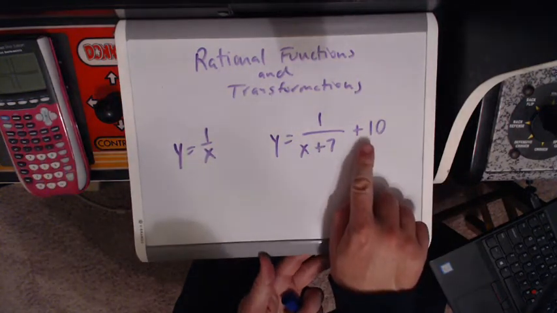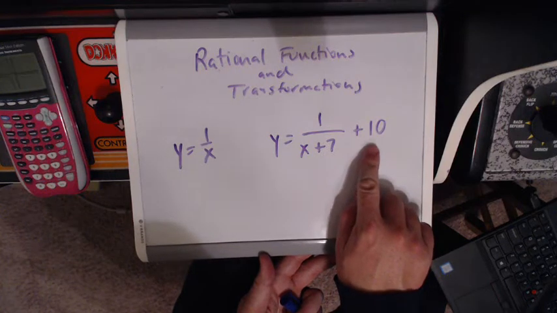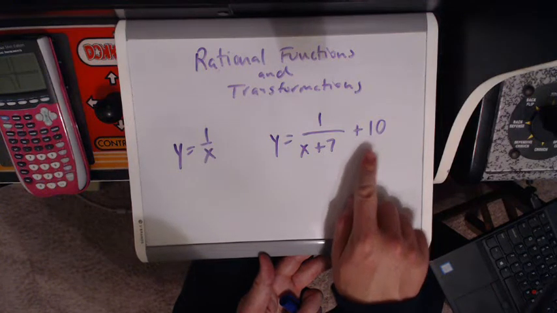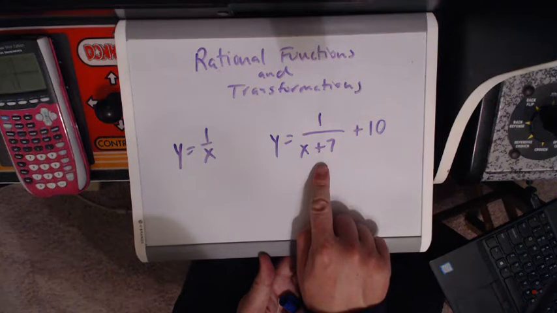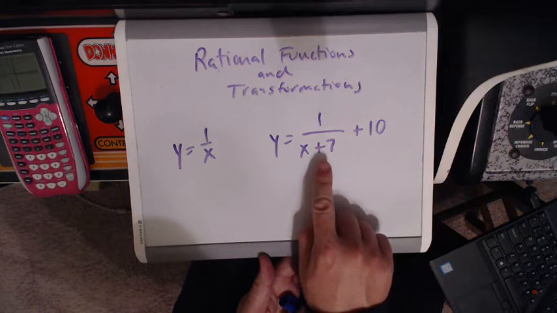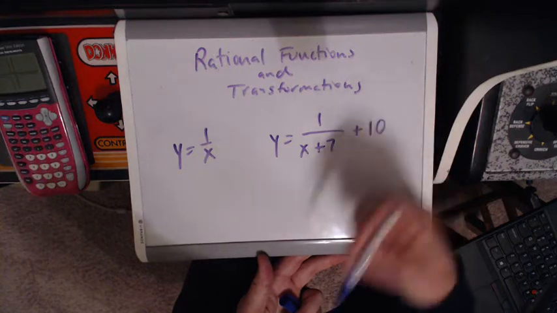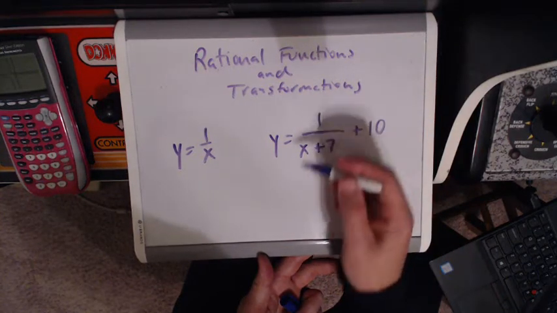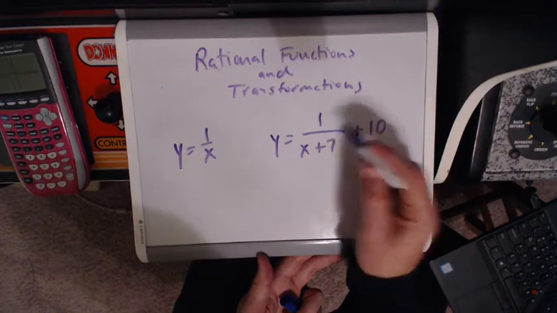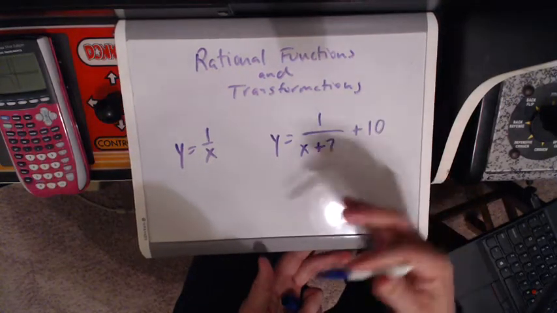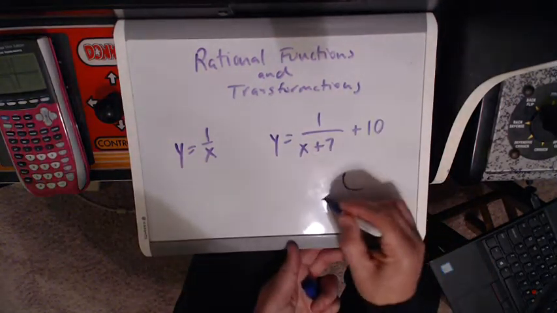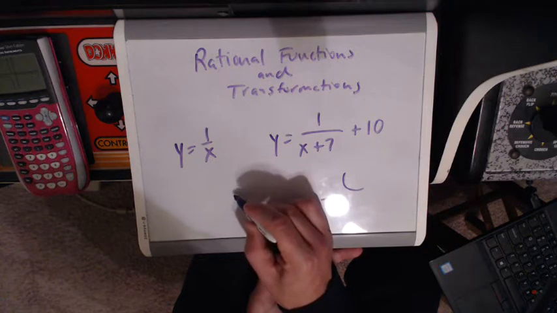This has a horizontal asymptote at y equals 10, and a vertical asymptote at go left 7. That's x equals -7. Okay, so I mean, you could flip it and stuff, obviously, by messing with the top numerator. You can make it negative and, instead of going like this, it would go like this.